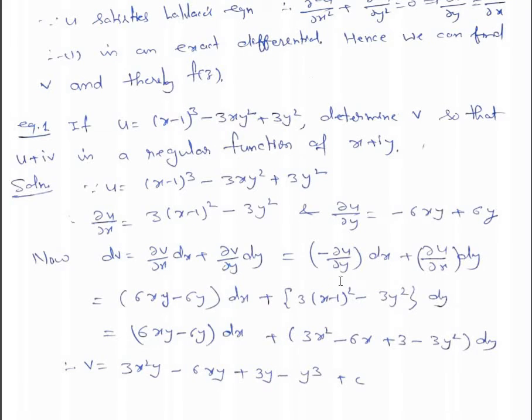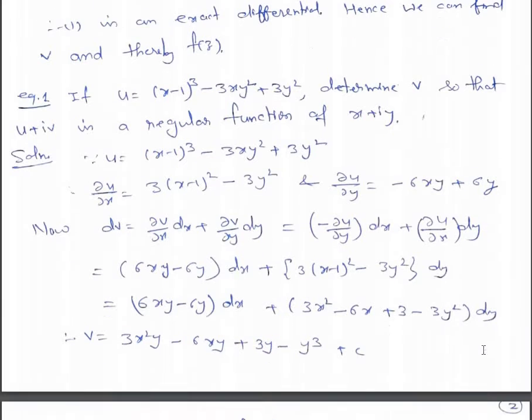Substitute the values. −∂u/∂y is 6xy − 6y into dx plus ∂u/∂x is 3(x−1)² − 3y² dy, which can be written as (6xy − 6y) dx plus, if you simplify it, (3x² − 6x + 3 − 3y²) dy.